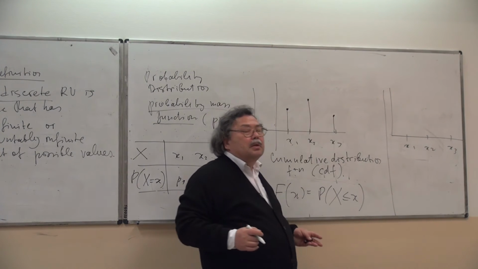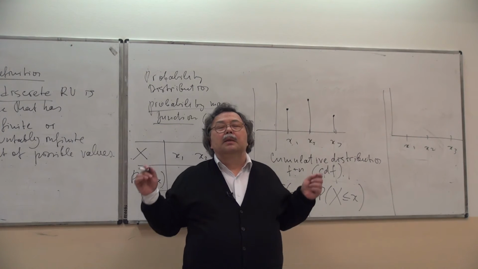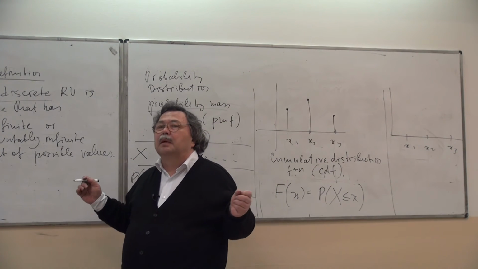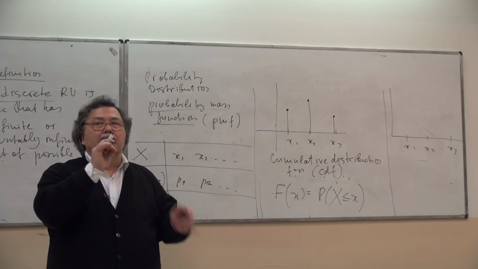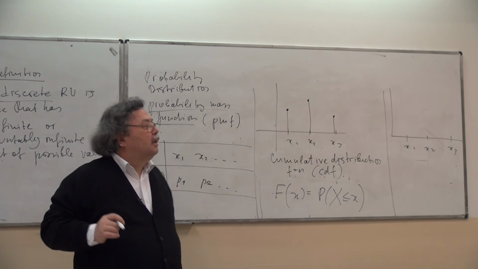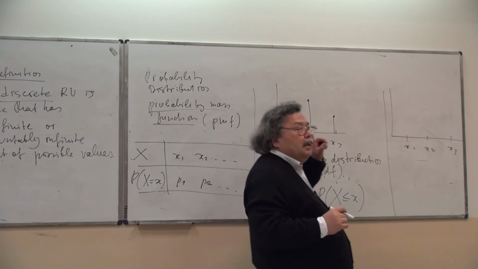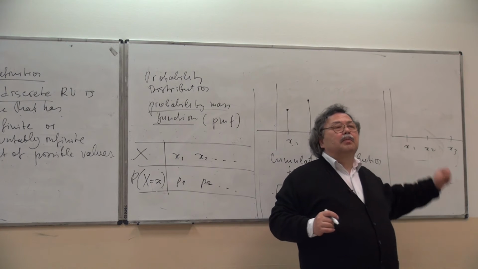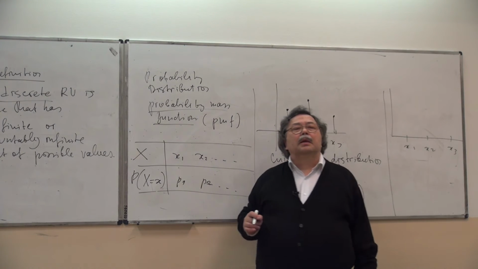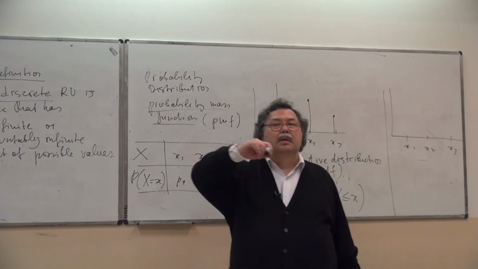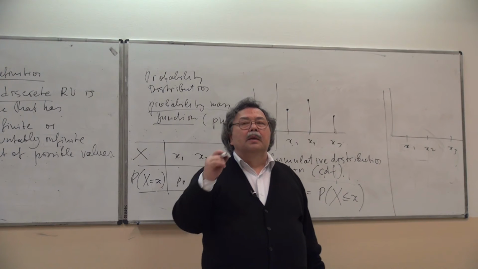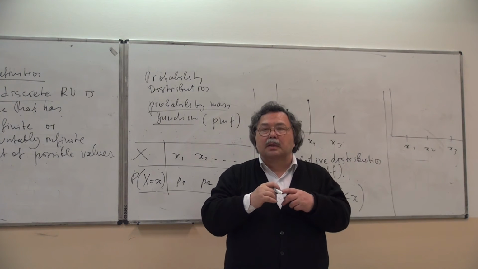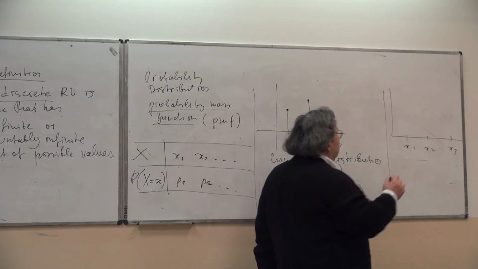Because all the probability in a discrete random variable is concentrated at some specific points, the cumulative distribution function is not continuous, it's not smooth. It experiences breaks.